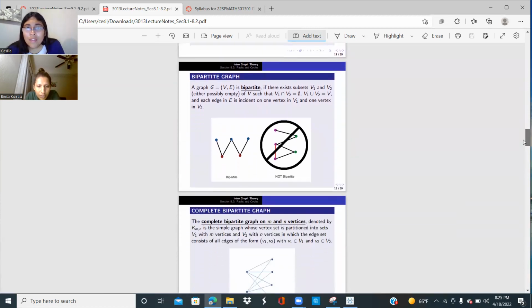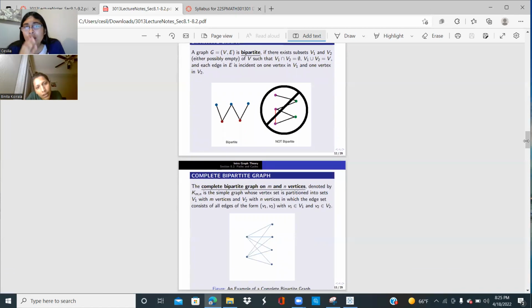So this one is bipartite and this one is not bipartite.